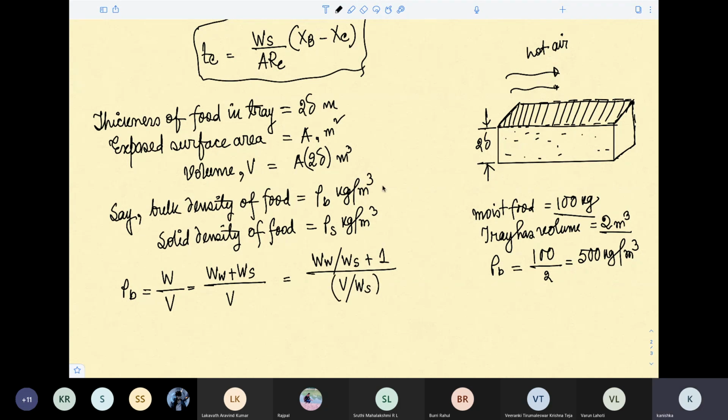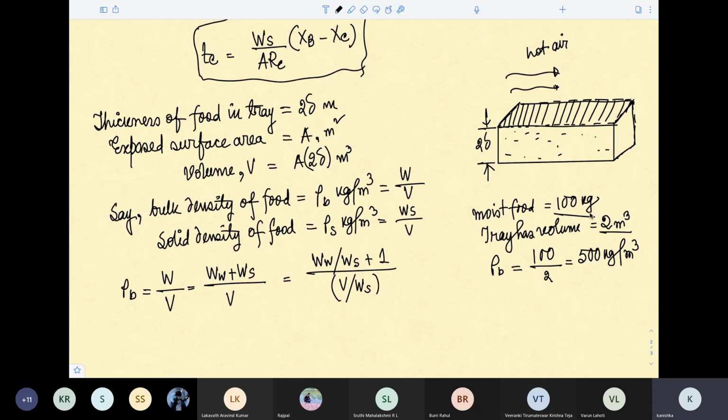So this is actually W by V, and this one is WS by V. That means now we have 100 kg. Let's say in the 100 kg you have 80% moisture.